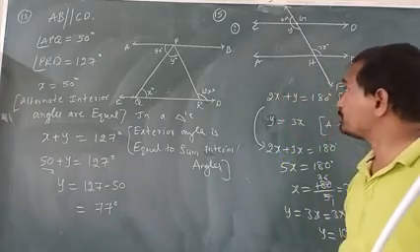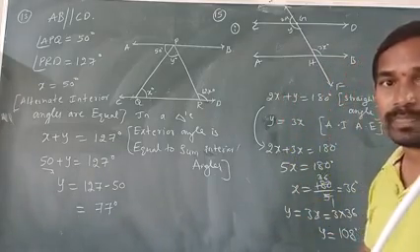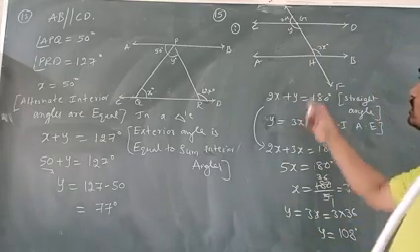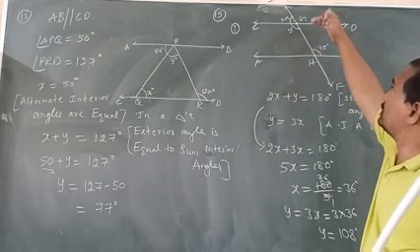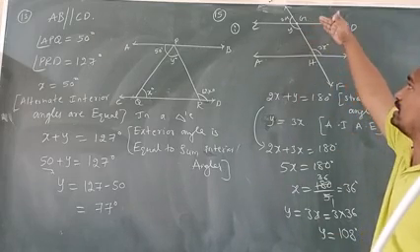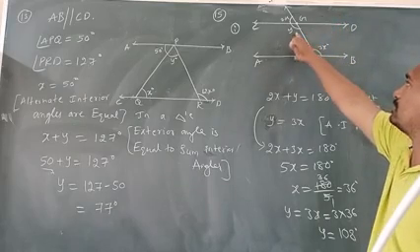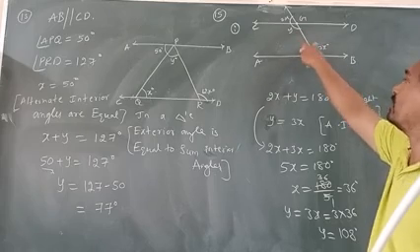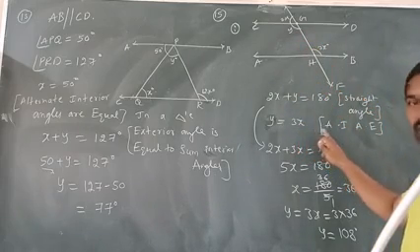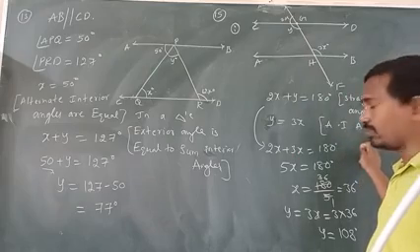Now see the 15th one. In this figure, find x and y. Here, AB is parallel to CD. These two angles are alternate interior angles, so y equals 3x. Alternate interior angles are equal.